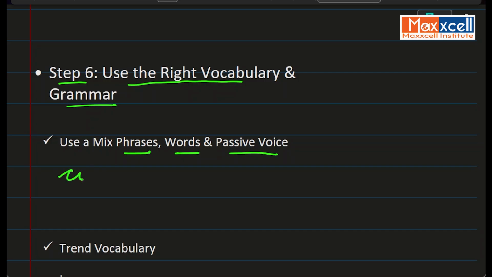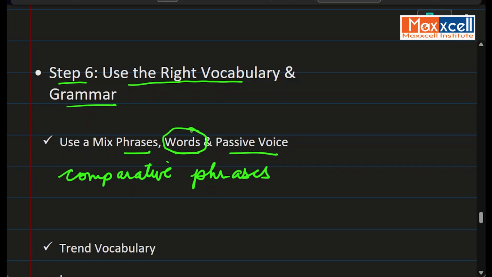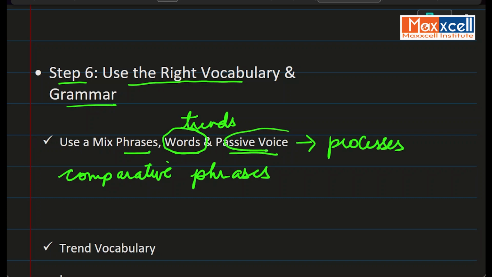So you are supposed to use comparative phrases, and when it comes to words, they should relate to the trends, and when it comes to processes, you need to use the passive voice. This is something you need to highlight.